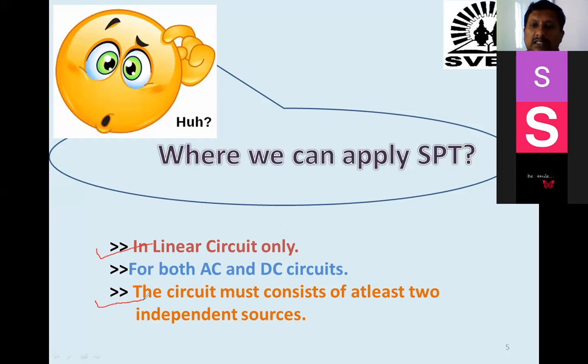And third, it is not a condition, it is applicable for both AC as well as DC circuit. म्हणजे टाइप ऑफ सोर्सेस कुठलं काय असू दे, AC असू दे किंवा DC असू दे, we can apply the superposition theorem. Okay, so these will be the conditions where we can apply the superposition theorem.